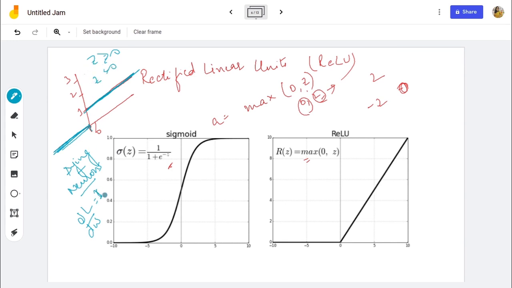In that case, it equates the value to 0. Now, whatever you multiply with 0, say dh1 by dh2 and dh2 by weights, if any of these becomes 0, the whole thing automatically becomes 0.